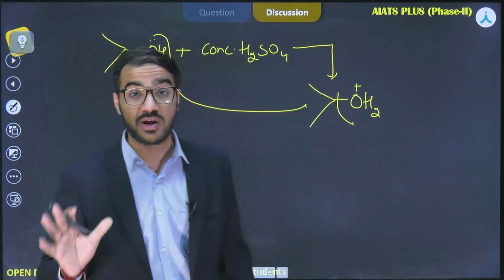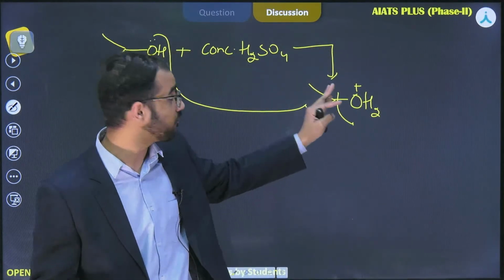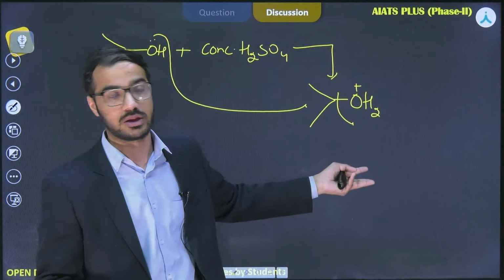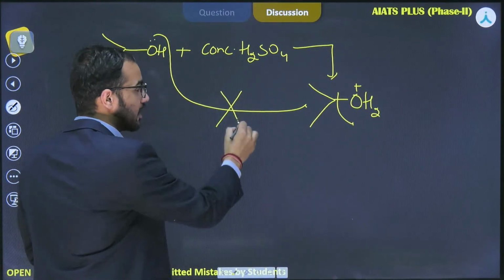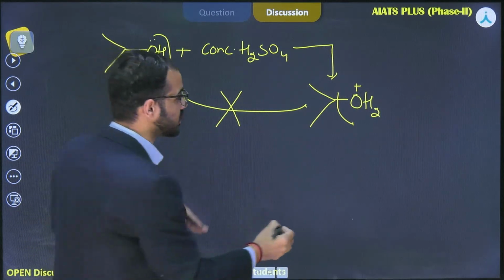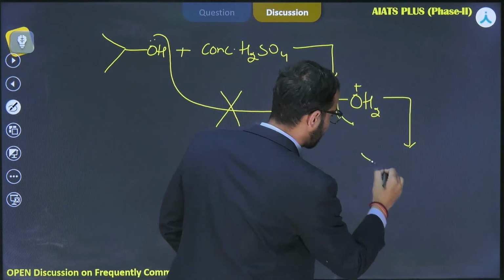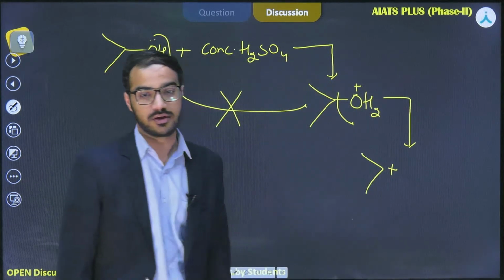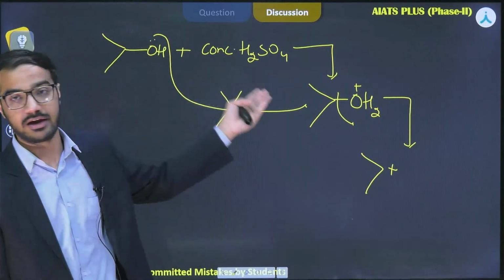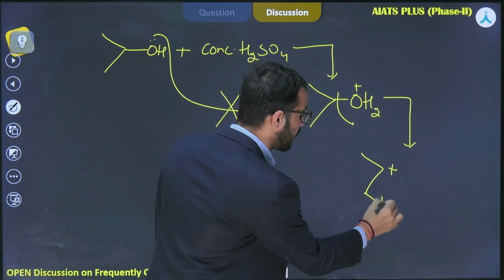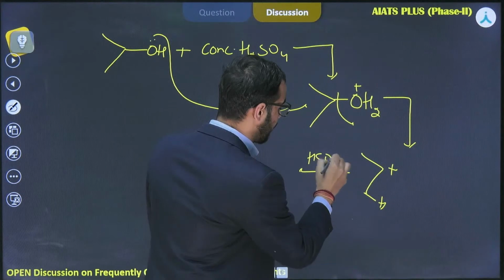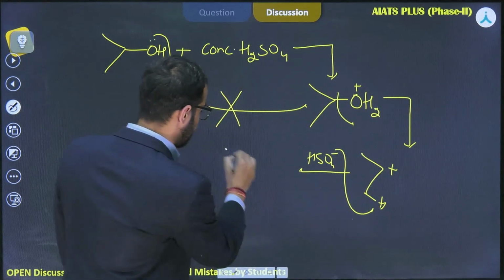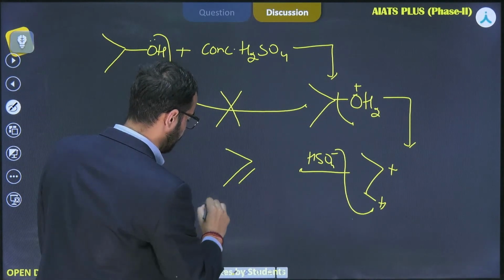And why is it so? Because the carbocation after the removal of this is already very much stable. So this will not happen at the very first step, you will be having a carbocation. If the carbocation is formed, you will be having a dehydration. We can say that directly HSO4 negative will attack and you will be getting this product.